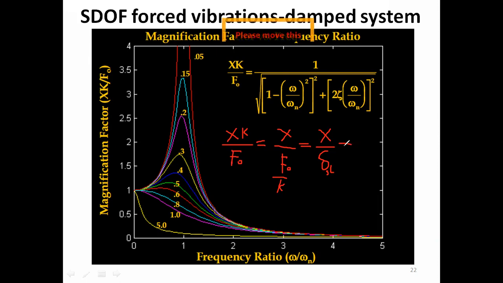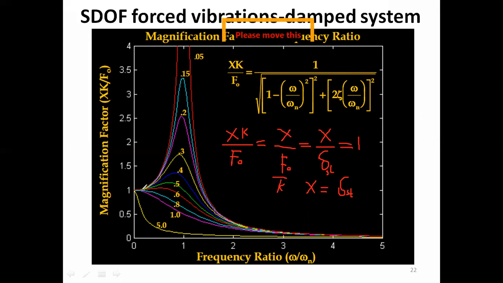And if this is equal to 1, what does that mean? It means that capital X would be equal to the static deflection, delta_st. So at much lower values of frequency ratios, or at lower values of frequency of excitation, we are expecting that the amplitude of the steady state response would be near the static deflection, which is F naught by k.